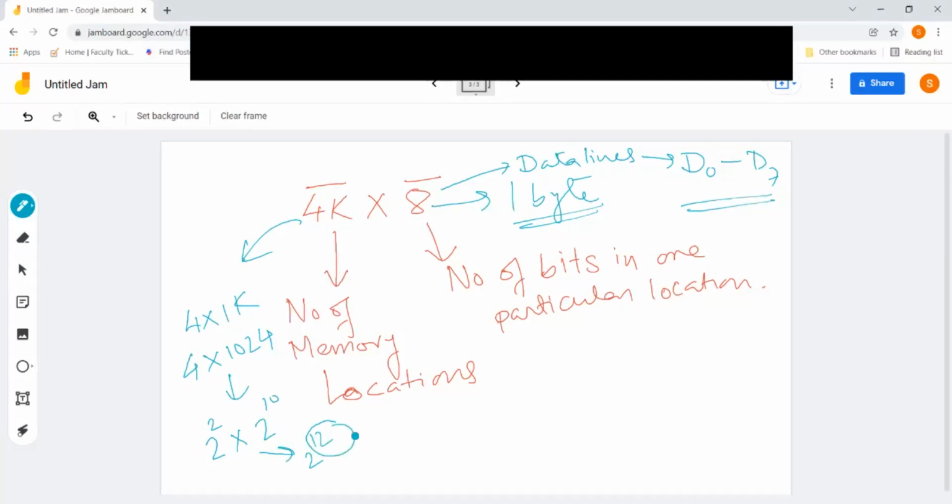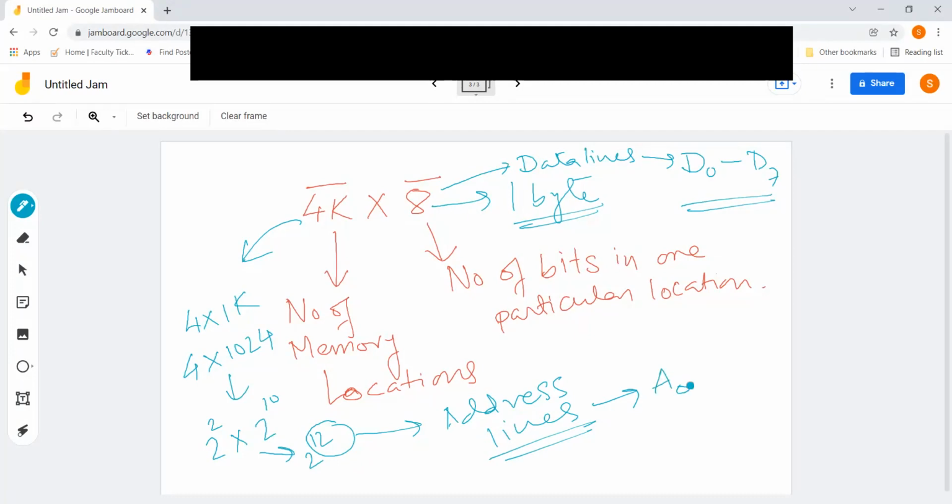This power represents how many address lines can be connected to the memory device. That is decided by the power of 2 for the first quantity. So we have to connect 12 address lines, and how many do we have? We have 20 address lines.